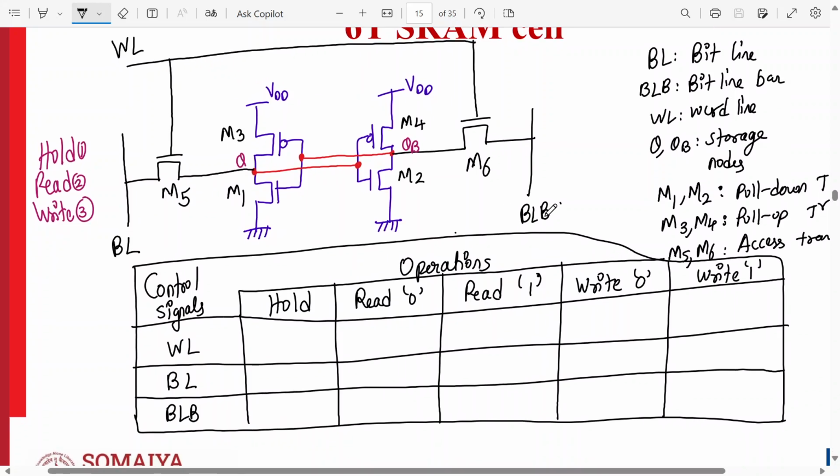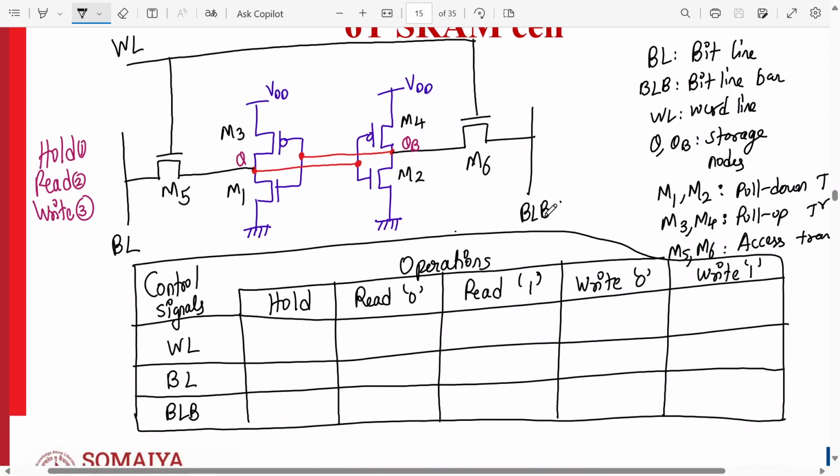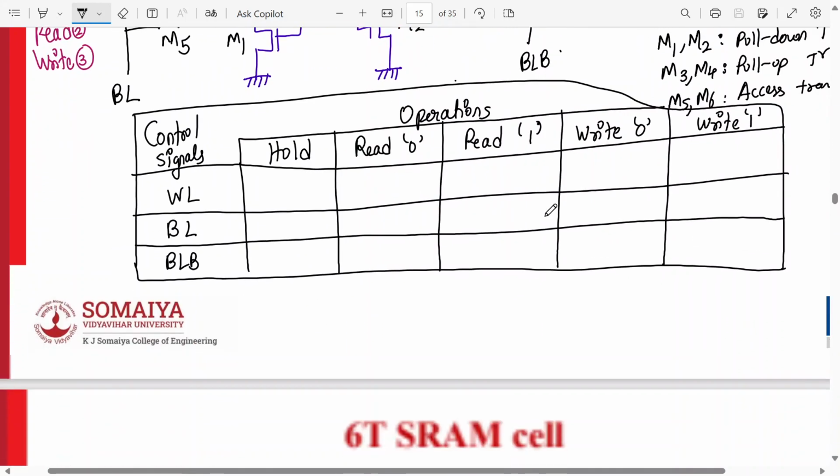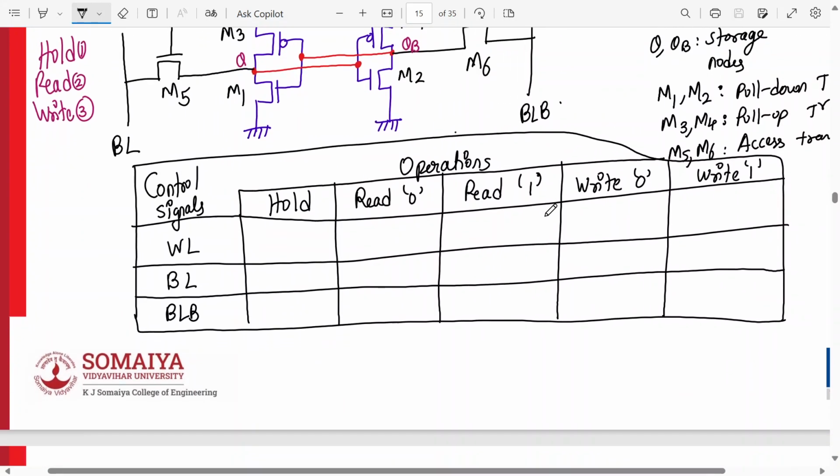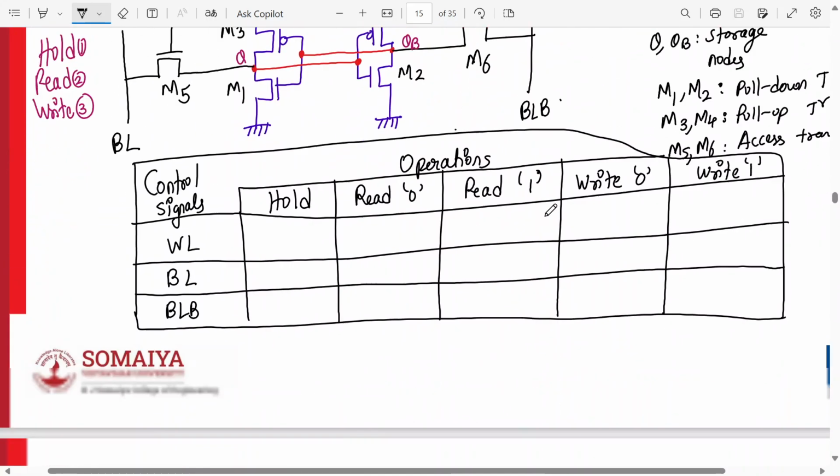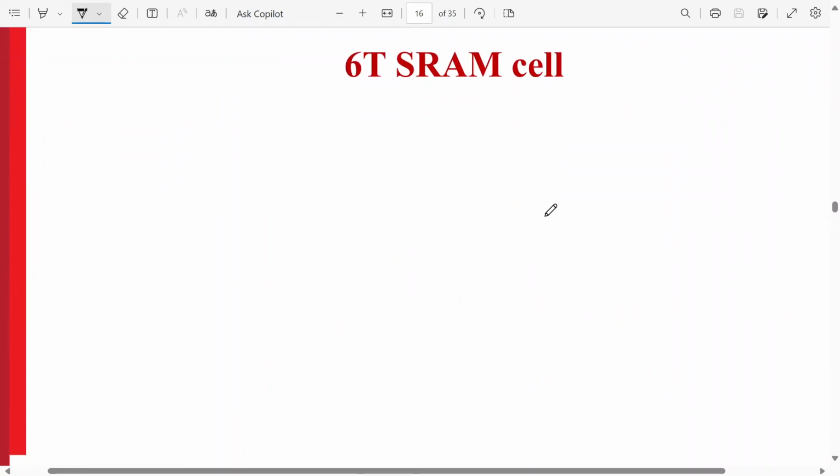Okay, fine. So now we will be writing 0 on the storage nodes. So let me start. I hope you have completed. So here we draw the SRAM cell again. Our first operation will be the write 0 operation.